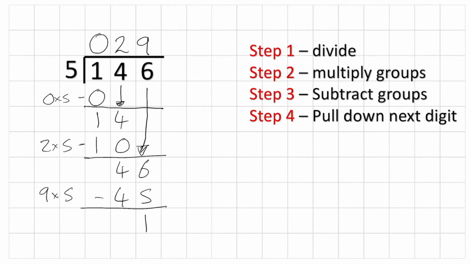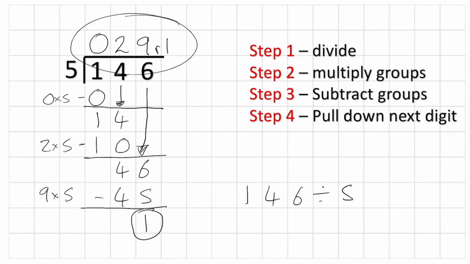So I can't do another division. What I have to do with this 1 is consider it a remainder, 1 left over. So my answer is 29 remainder 1. So the answer to 146 divided by 5 is 29 remainder 1.